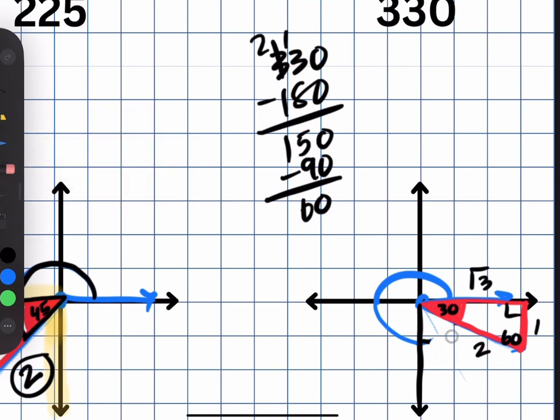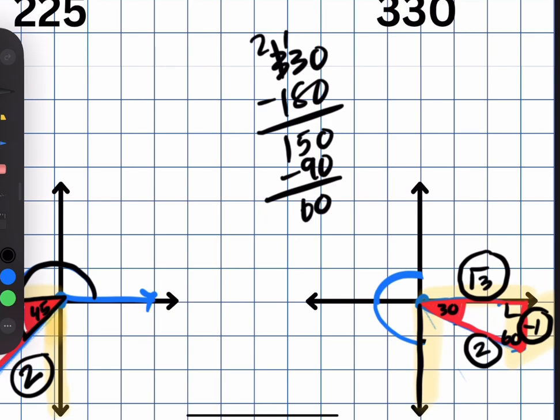Where am I on the xy axis? I'm in the 4th quadrant. And in the 4th quadrant, I go positive x-axis, negative y-axis, right? So my x value stays positive. This y value becomes negative. And then the hypotenuse is always positive.